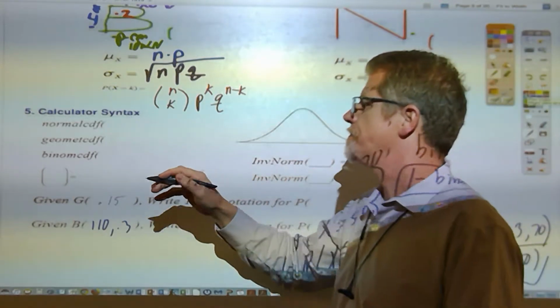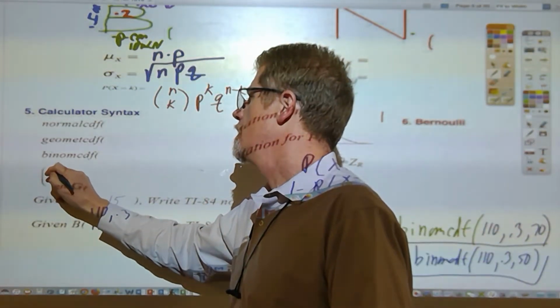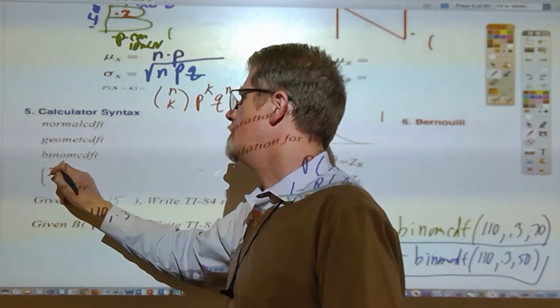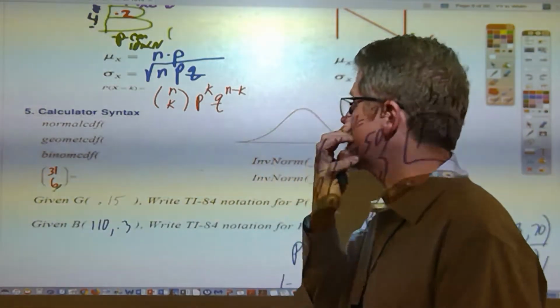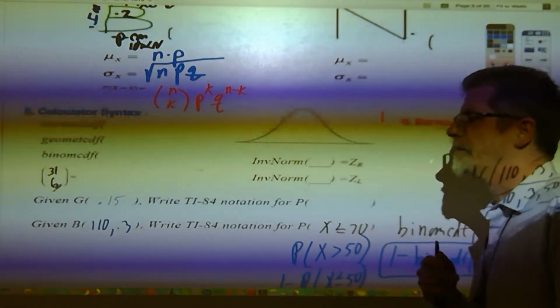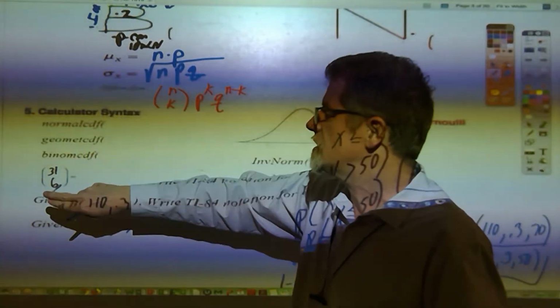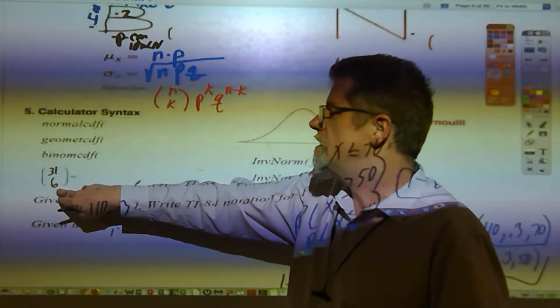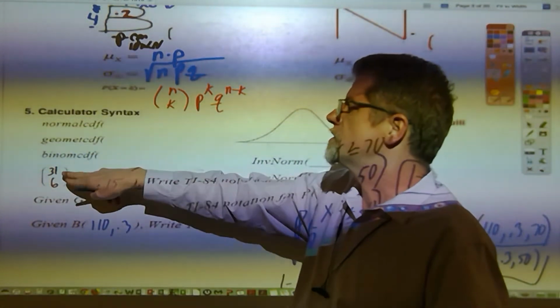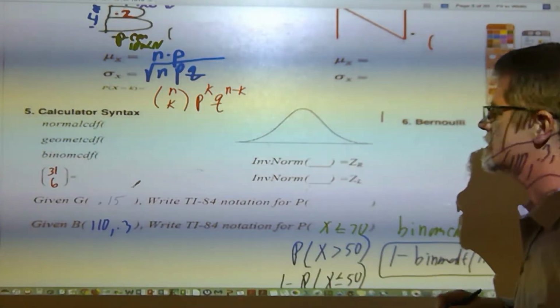Let's make this one 31 and 6. 31 choose 6. 31 people try out for the team. Only 6 are selected. How many ways can that happen? Or there's 31 days of school where there's a probability of calling the day off. In how many ways of the 2 to the 31st leaves, which is a lot of leaves, how many ways are there for 6 to be called off?